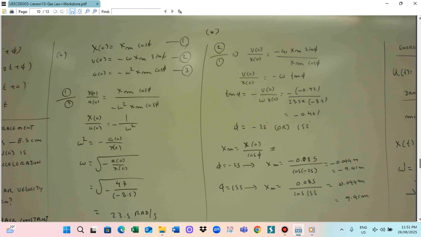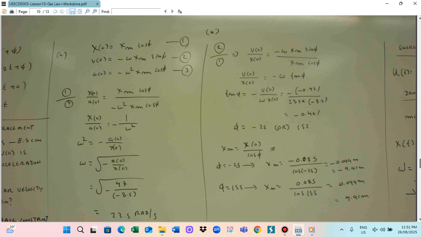And then you can calculate h_m. h_m is equal to x0 by cos phi. So cos phi can be calculated. So in this case, phi is equal to minus 25. So you get h_m is equal to x0, which is minus 0.085 meter, divided by cos minus 25. So therefore, minus 0.094 meter. And also when phi is 155, h_m can be calculated.